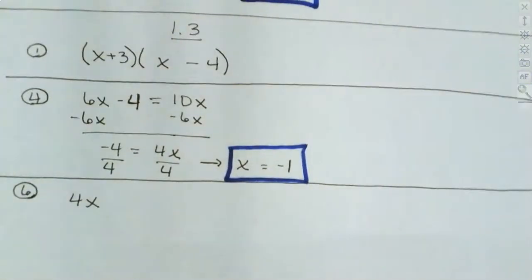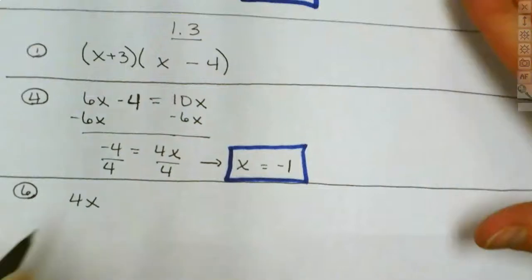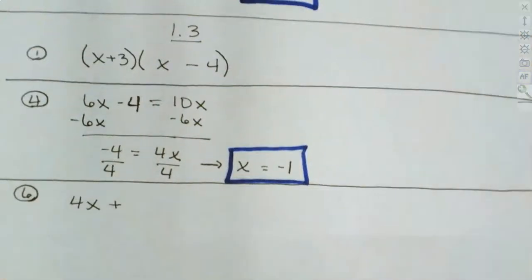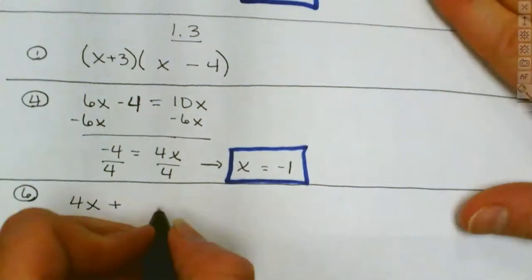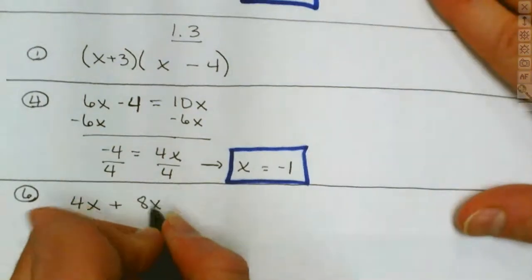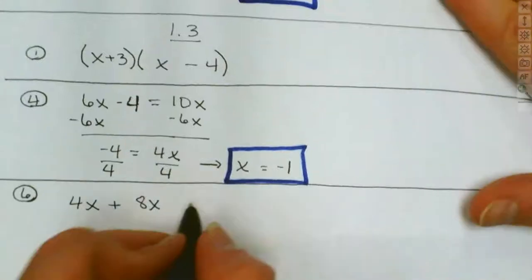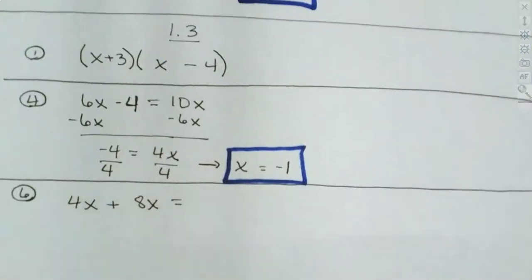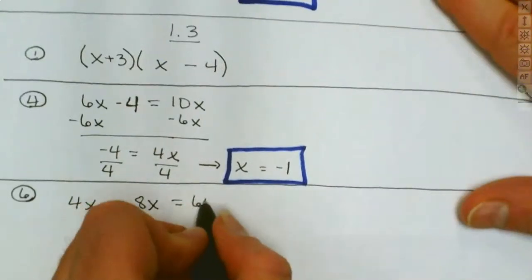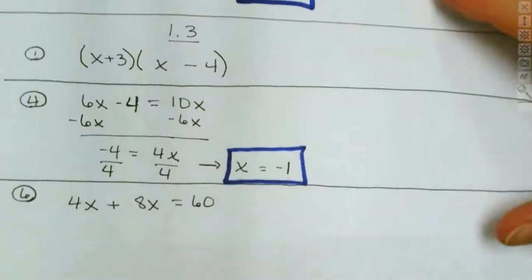And then what are we doing? Adding it. So we'll put our addition symbol there. And what are we adding to it? 8 times a number. So 8 times a number would be what? 8x. And it equals, so we use our equal sign here. And what does it equal? 60.